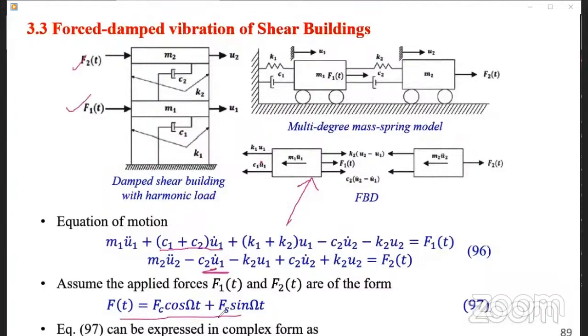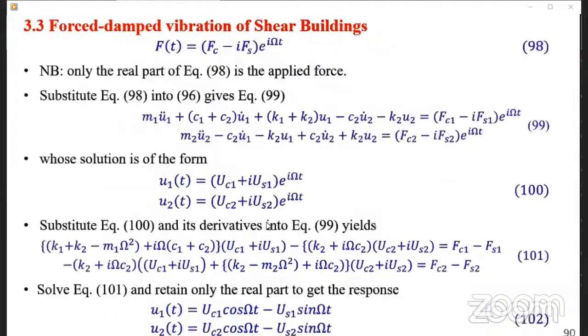So we have assumed that the harmonic loading at either floor level is of this nature, and this can be expressed in complex form. Remember the Euler equation. We have been using it throughout our course because it helps us simplify as well as deal with complex numbers.